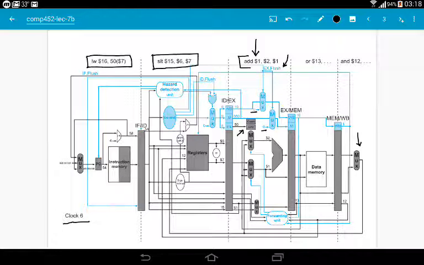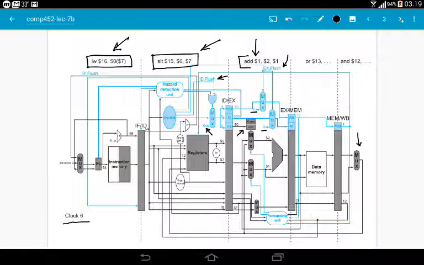Okay, what next? We have to disable or flush this SLT and this load word. So what we do is we use this ID flush signal and we insert a 0 in all control lines.